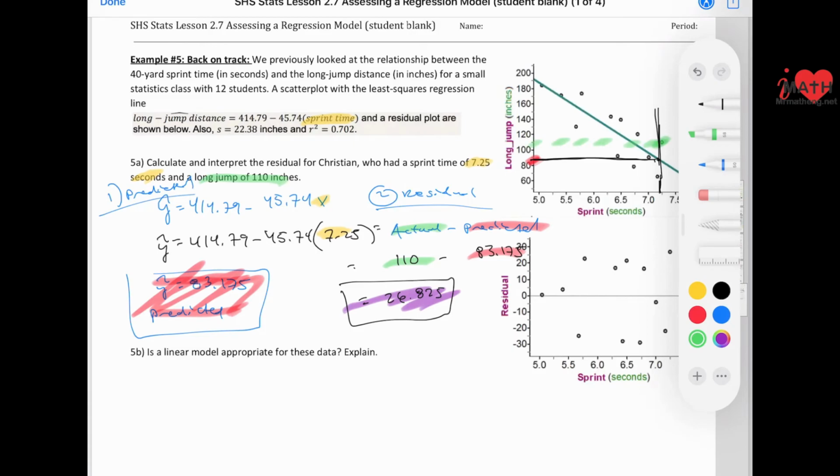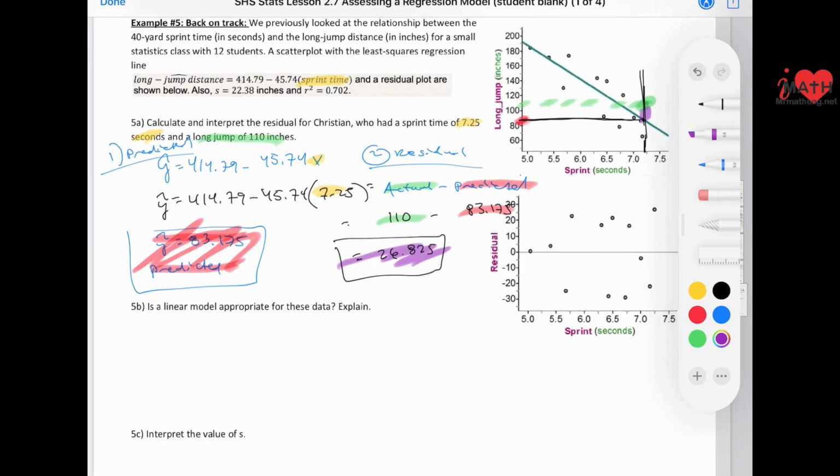This is his point right there. So we're saying that is a difference of that purple difference. The residual is 26.825. So based on his sprint time, he actually did a long jump way better than we had predicted. Right? He did 26 inches further. Wow, it's almost 2 feet.